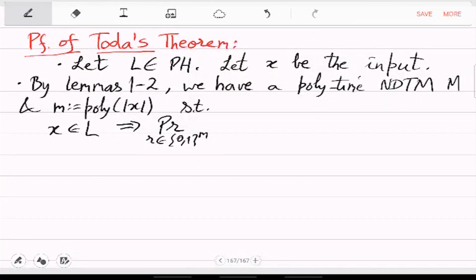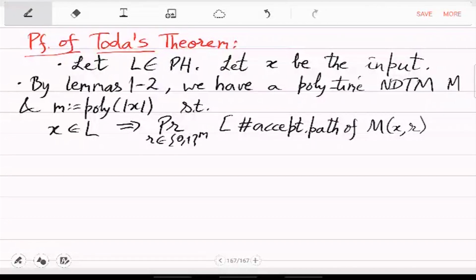So probability over the random string that the accepting path of M on x, r, this NDTM has how many accepting paths? Let's say minus 1.